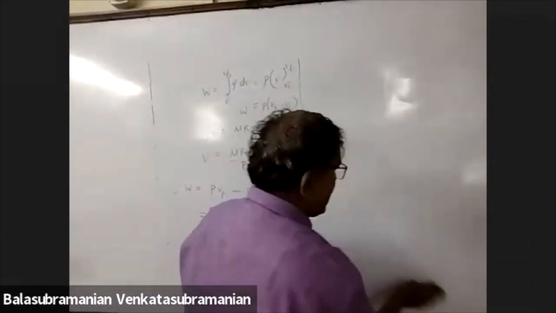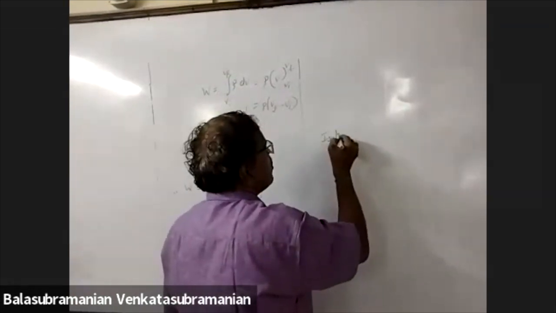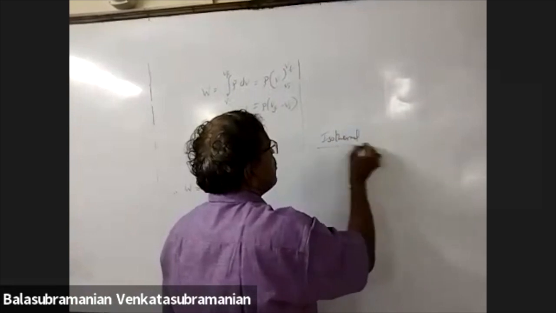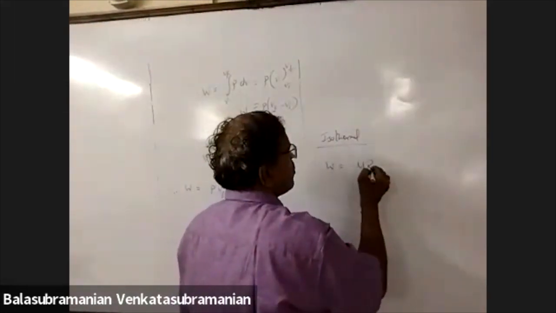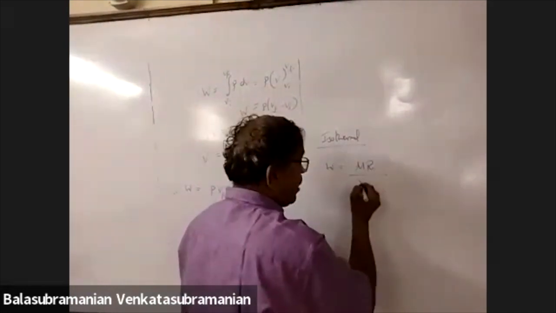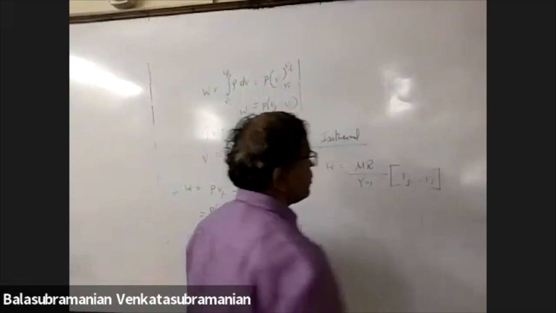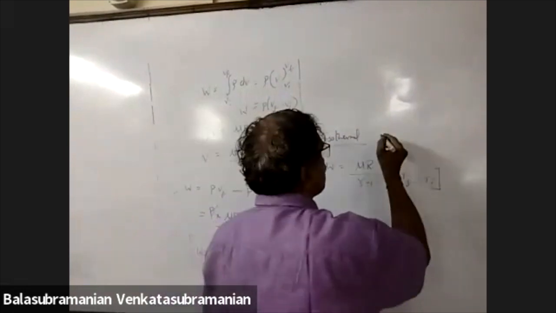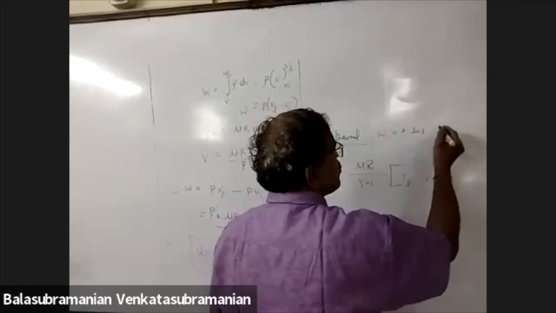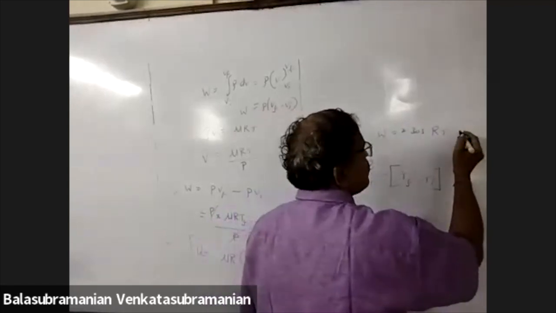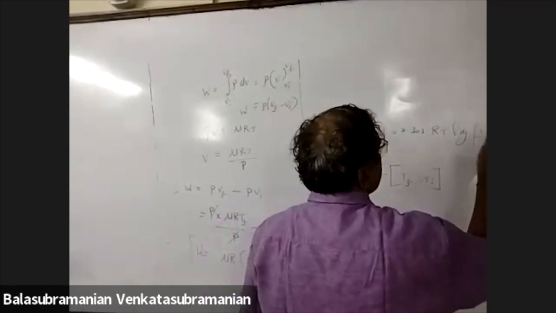So work done for adiabatic, the formula is mu R by gamma minus 1 times Ti minus Tf. For isothermal, work done is 2.303 mu RT log Vf by Vi.